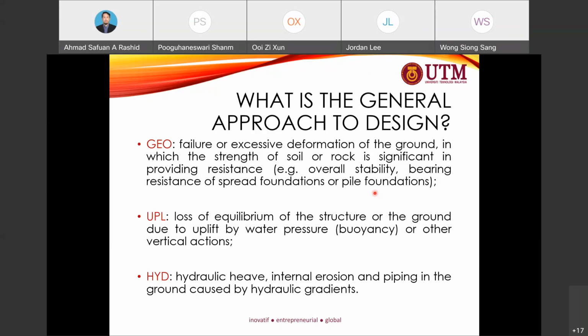UPL is loss of equilibrium of the structure or the ground due to uplift by water pressure, buoyancy or other vertical action. And the last one is HYD, hydraulic heave, internal erosion and piping in the ground caused by hydraulic gradients. We may not use all of these, especially for shallow and deep foundations, but these are the 5 types of limit state included in EN 7.